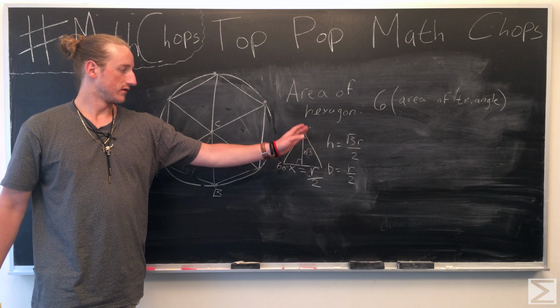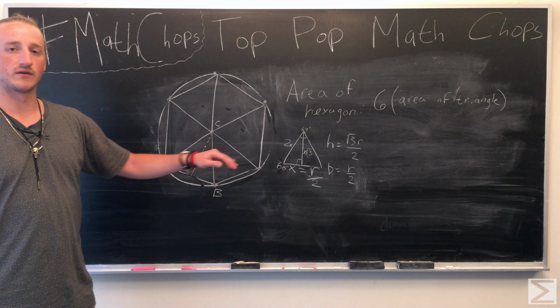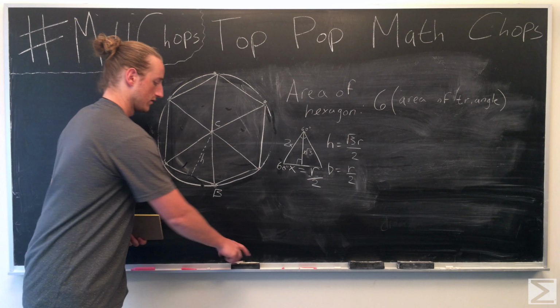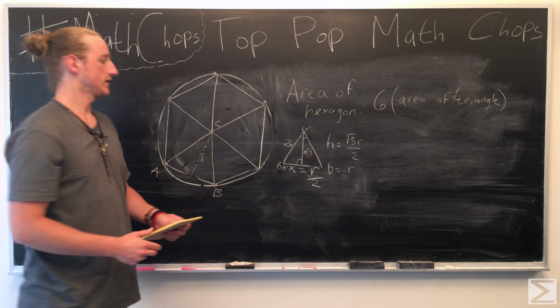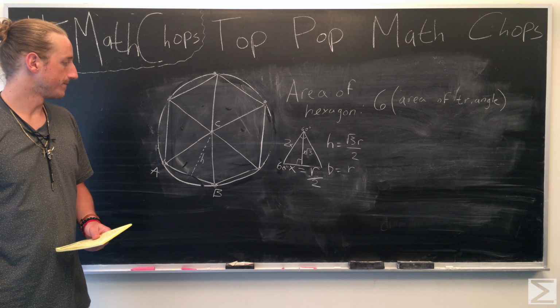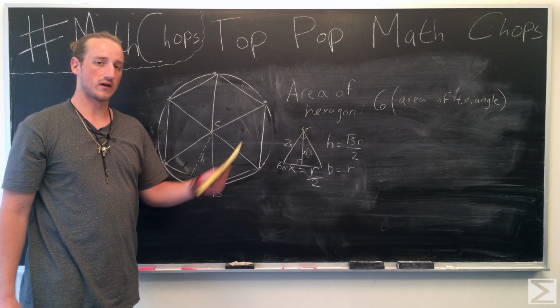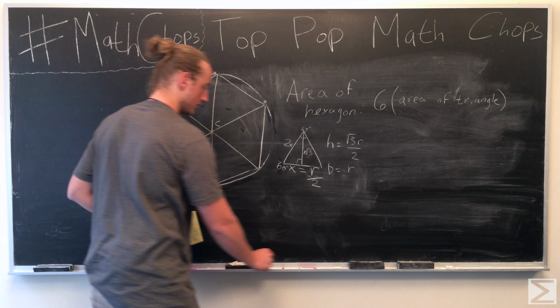Now knowing the height of each of these triangles and the base is just the radius, we can find the area of the entire hexagon.